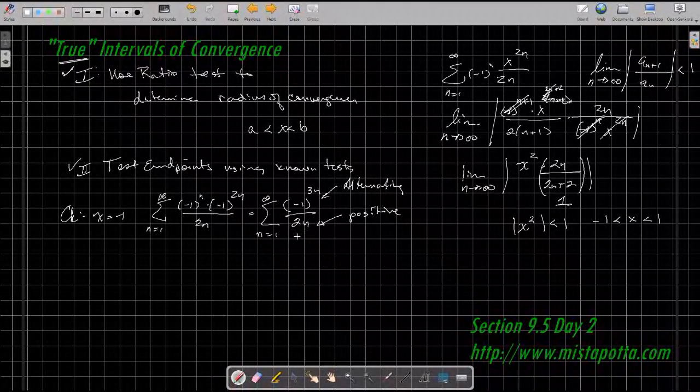And these terms do approach 0 as n approaches infinity. So by the alternating series test, this converges. So if x equals -1, I actually have convergence. And that means this interval of convergence has to include that endpoint.